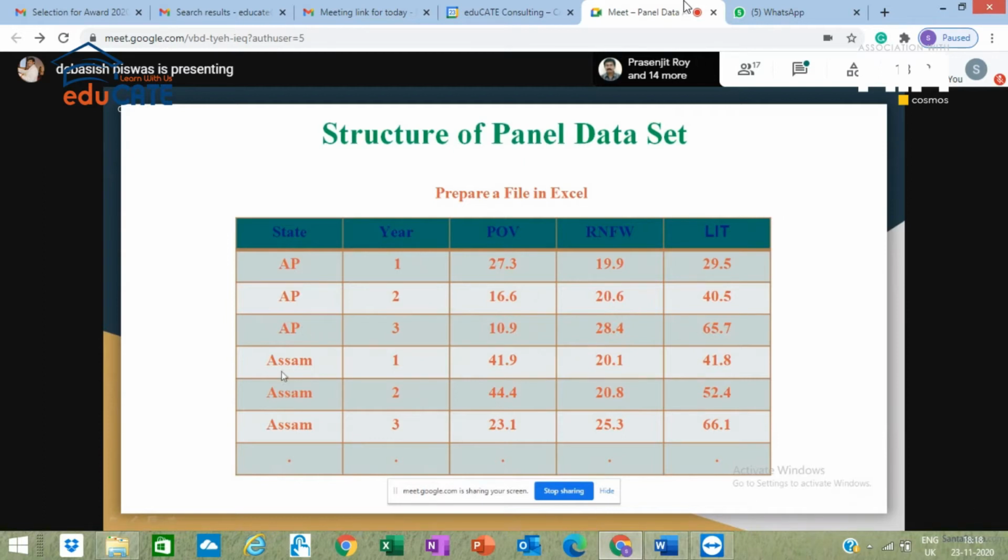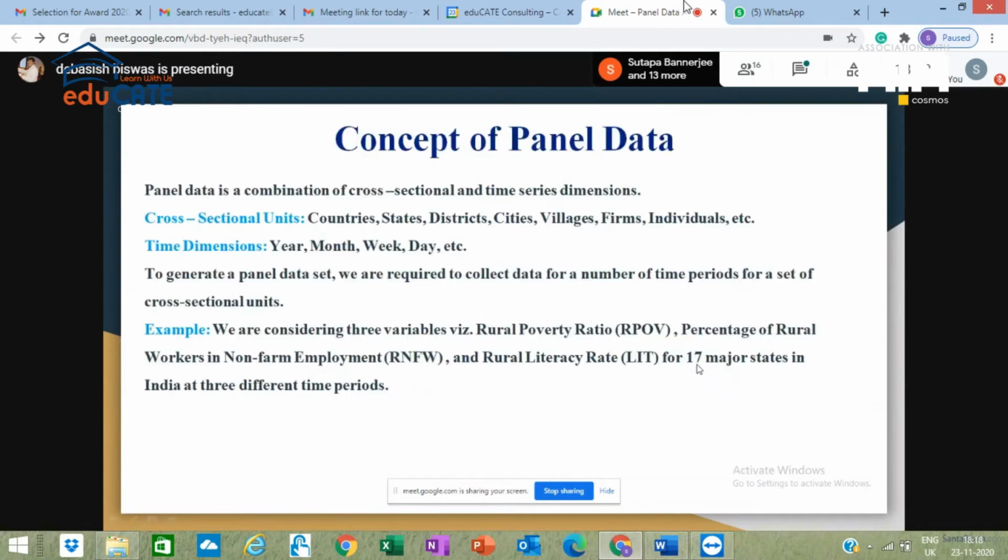And accordingly, you will again write the name of another cross-sectional unit. In this way, you have to cover the total 17 major states, or 17 cross-sectional units, in three different time periods.